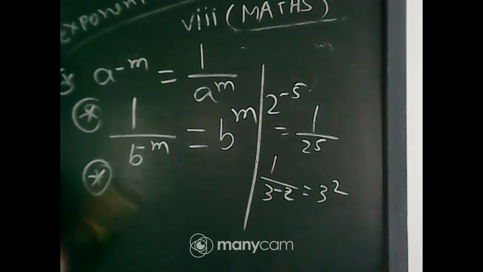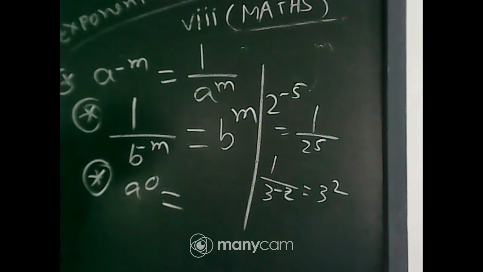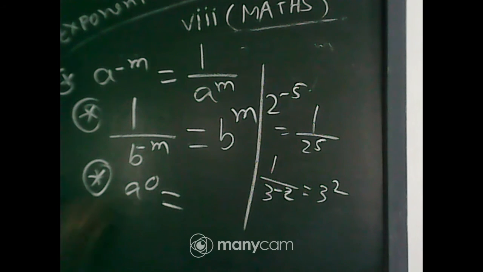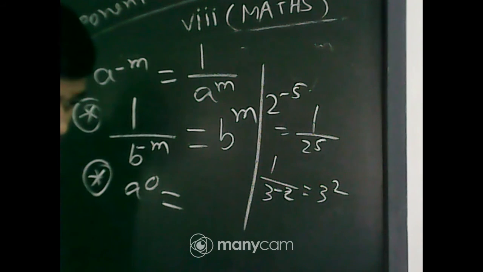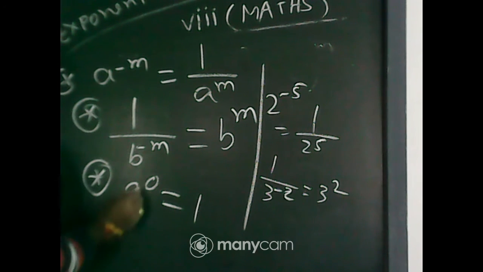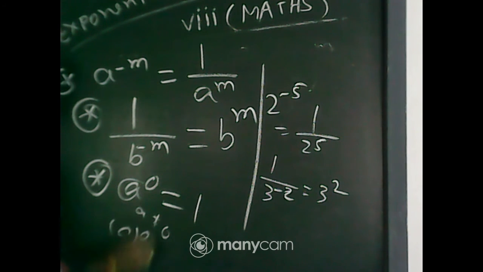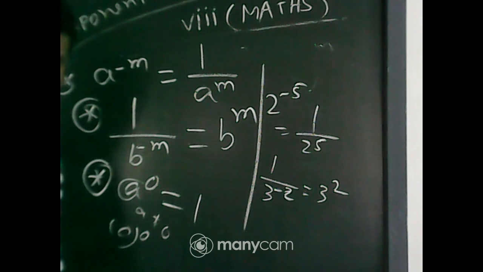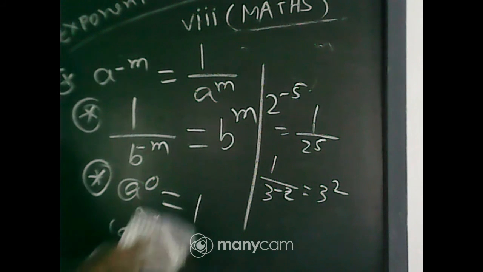So and last one, a to the power 0. What will you have? a to the power 0 equal to 1, and the condition is that a should not be 0. Yes, a should not be 0. 0 to the power 0 is indeterminate form, that is not in your syllabus.